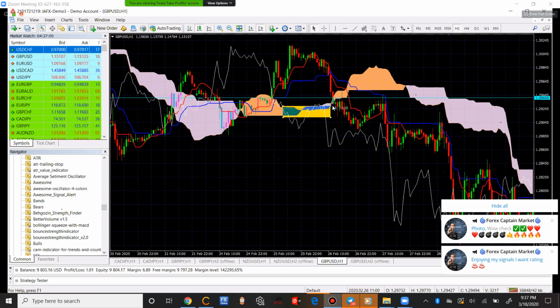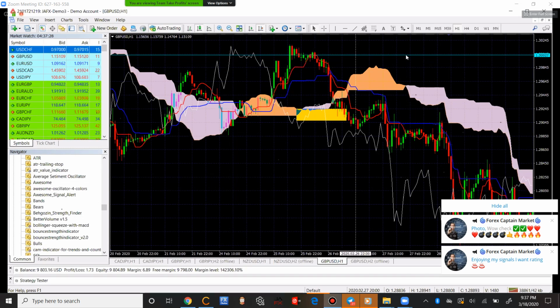So the basics of Ichimoku is when these two lines cross the cloud here, you would take the trade, and you put your stop loss around the high. As long as the candles are below these two lines, the trade's golden.